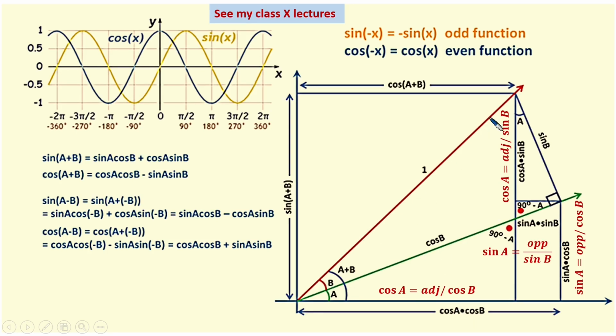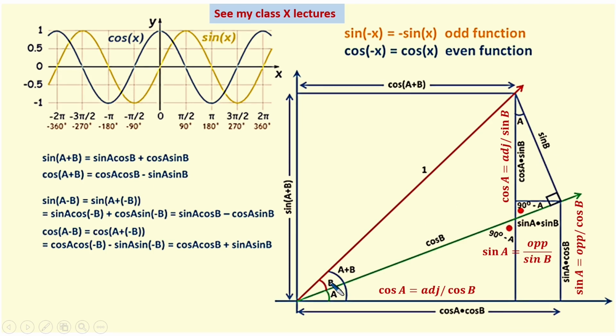You start with this one, and you have this angle. This is your angle B, and this is a right angle triangle. So this length will be cos B because cos B is adjacent side upon hypotenuse. This is 1, so cos B by 1 is your adjacent side, that is cos B. Similarly, sine B will be your opposite side upon hypotenuse, which is 1, so your opposite side will be sine B, which I have explained.